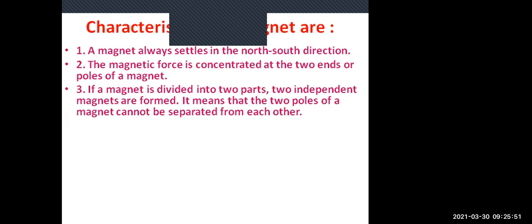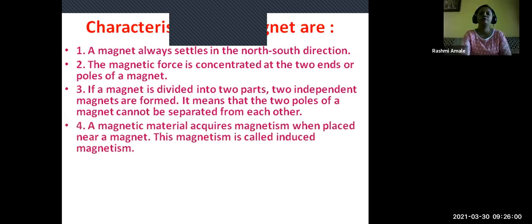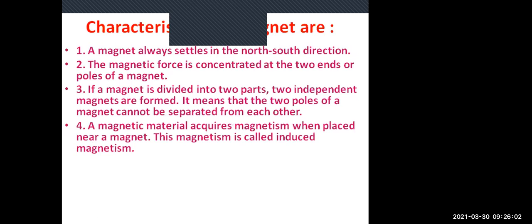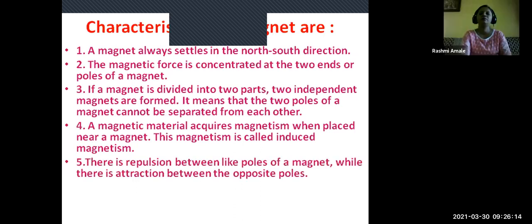It means that the two poles of a magnet cannot be separated from each other. Very good. Fourth one. A magnetic material acquires magnetism when placed near a magnet. This magnetism is called induced magnetism. Very good. And the fifth one.